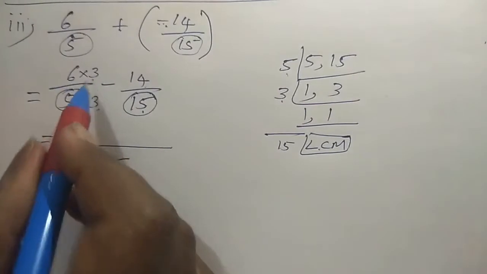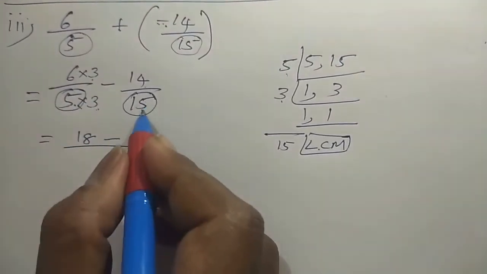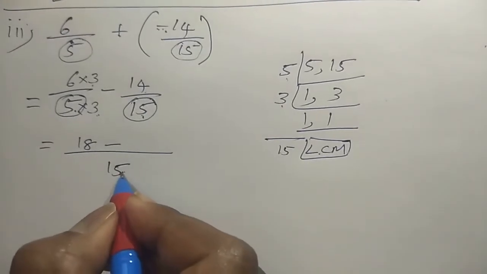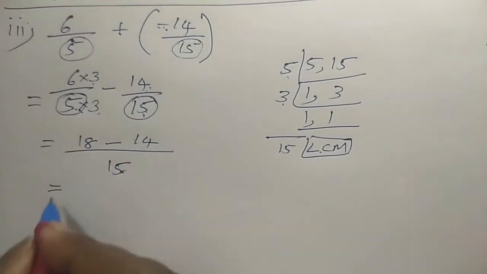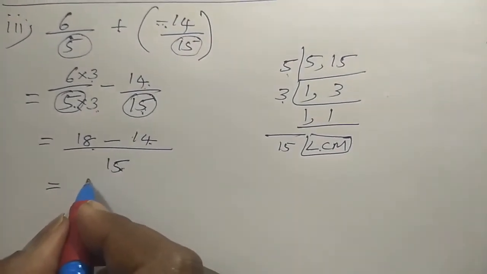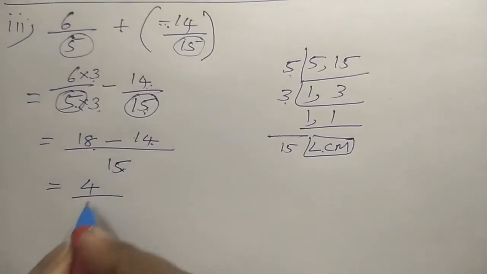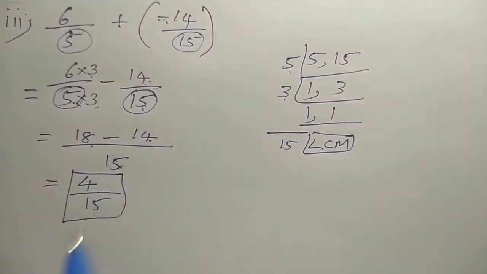So it is 6 3s are 18, minus, here don't want to multiply anything because we already have 15 here. So don't want to multiply anything, so just we put 14. So what we have here is 18 minus 14 is equal to 4. So 4 by the denominator 15 here. So this is your third subdivision answer.